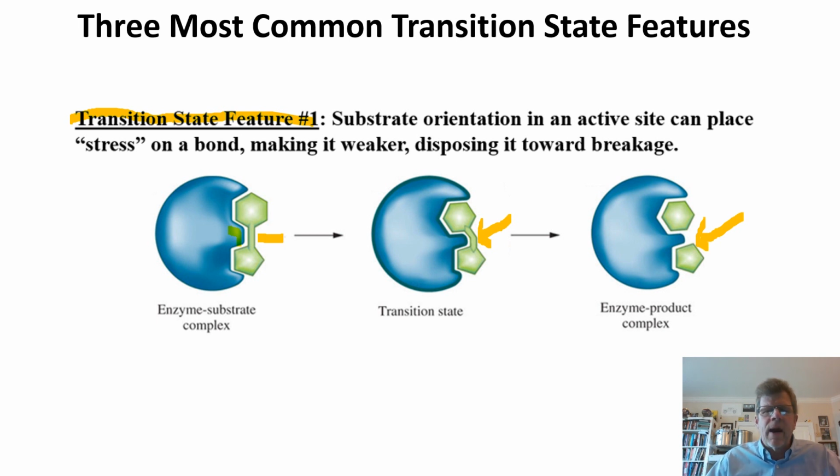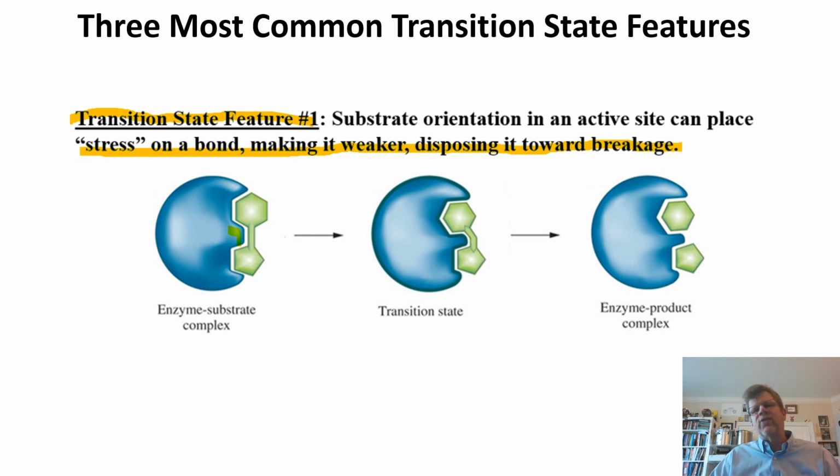So for any enzyme-mediated reactions that require the breaking of a covalent bond, we can look at this mechanistically: what an enzyme ultimately does is it orients the substrate within that active site to place stress on that bond, making it weaker and disposing it towards breakage.